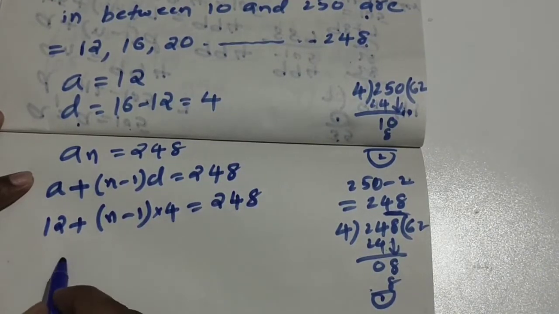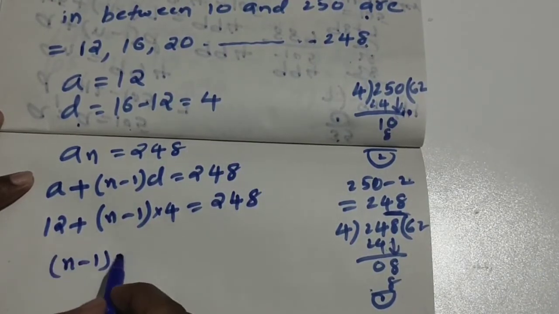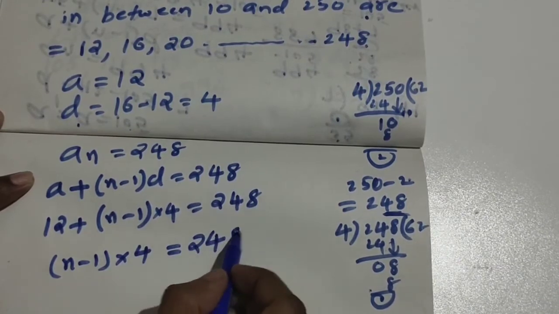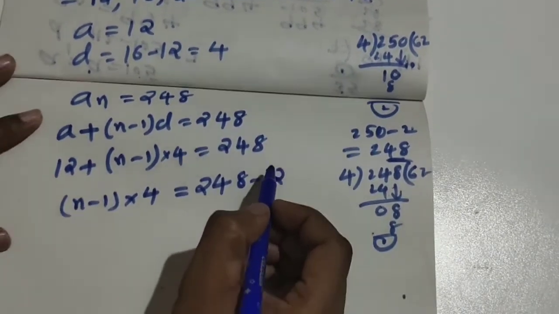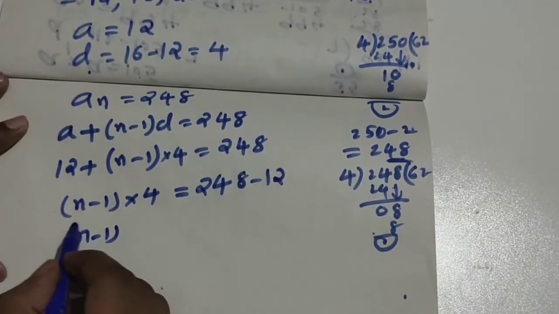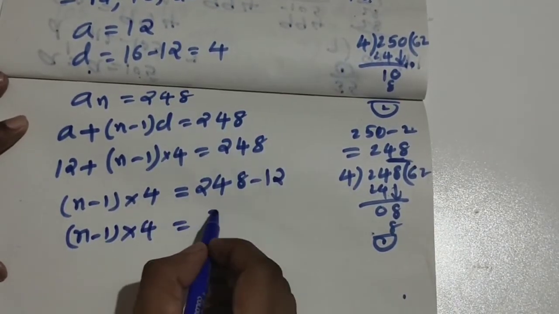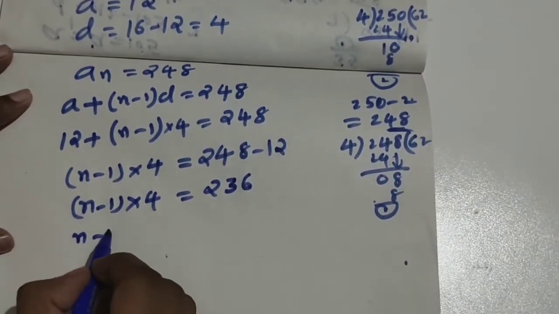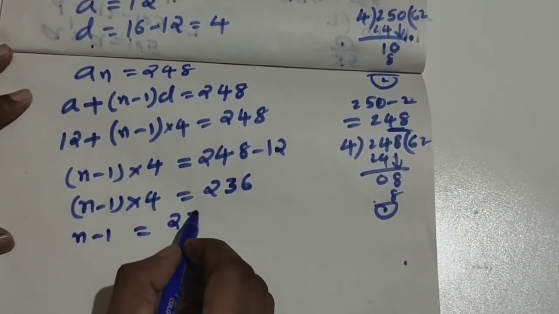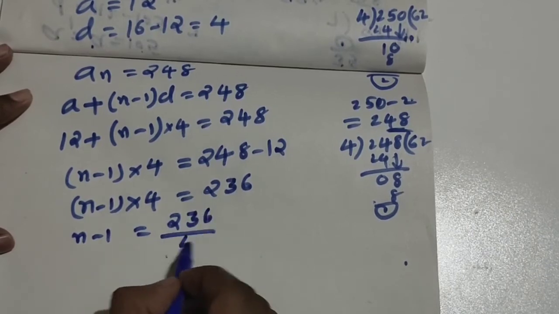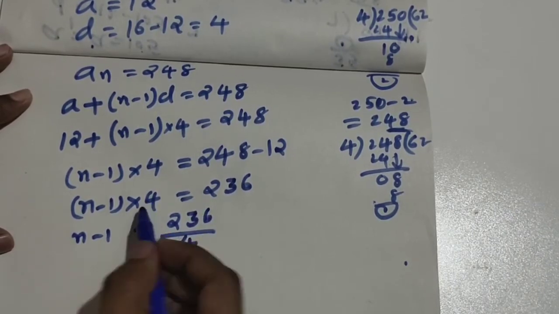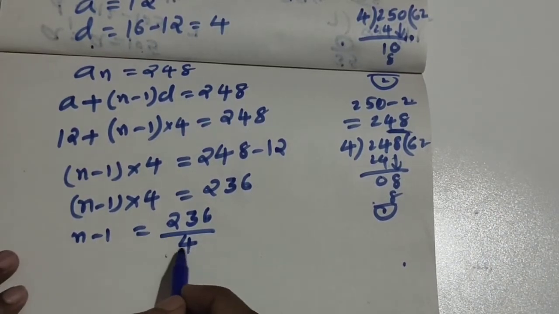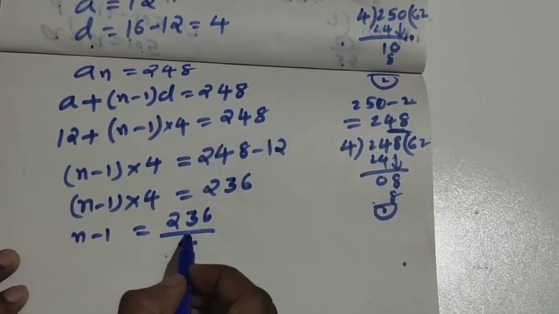Now take this 12 to the right side. On simplification we get (n minus 1) into 4 equal to 248 minus 12. So we can write (n minus 1) into 4 is equal to 236. And now we can write n minus 1 is equal to 236 by 4. Simply transpose 4 to that side, so we get it in the denominator, that is, it divides 236.